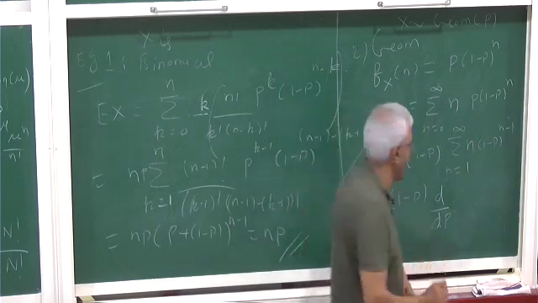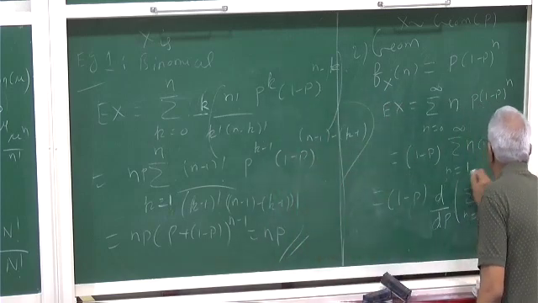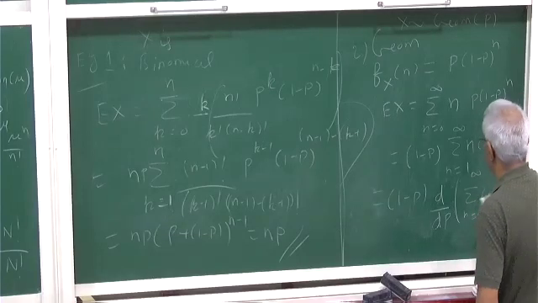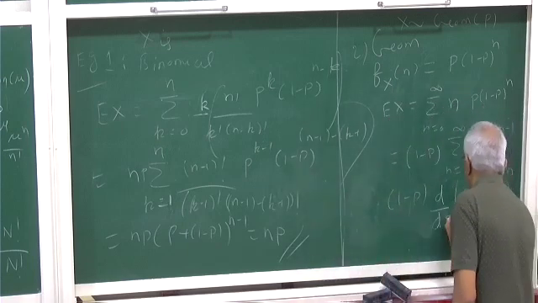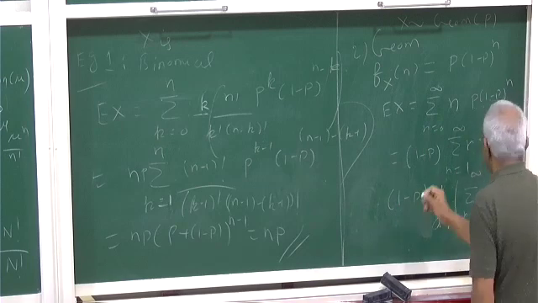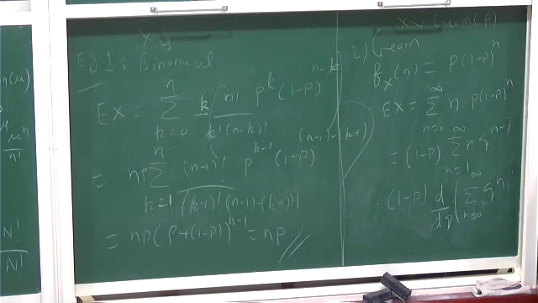So this is the sum, n equal to 0 to infinity, of (1 minus p) power n. Let me call it q. So it is n q^(n-1), that's easy, d by dq of q^n, with no minus sign.